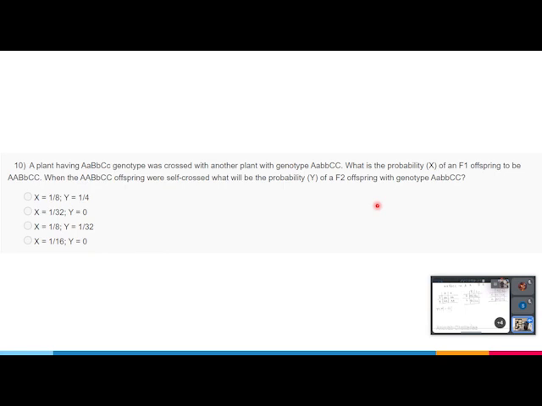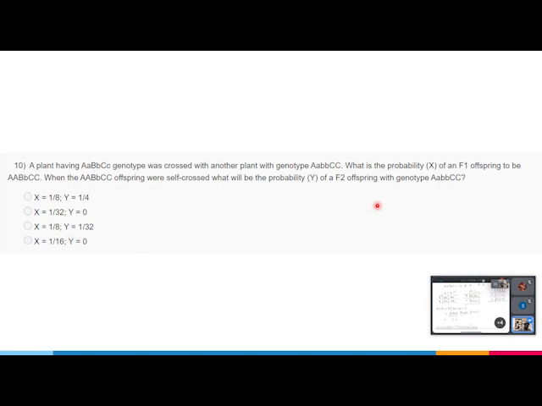So our P of Y comes up to the conditional probability of capital A, small b, small b, capital C, capital C. This will come up as we just discussed, by the law of independent probabilities, as a multiplication of individual probabilities. Now comes the problem, that till now it was all well and jolly. We need to find a probability of heterozygous A, but as our Punnett square declares, there is no possibility of heterozygous A. So this will be 0.